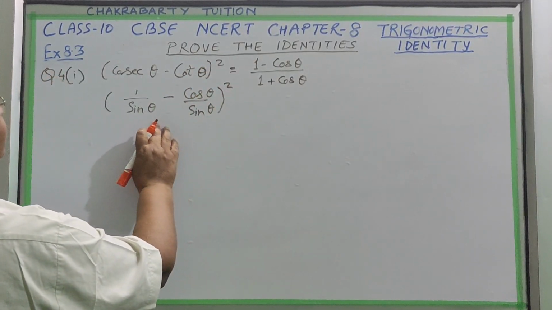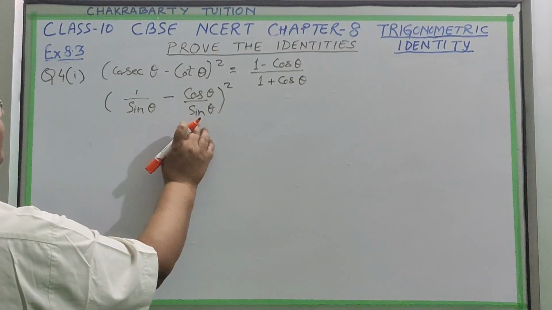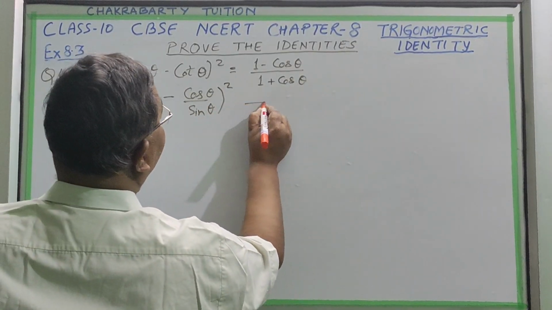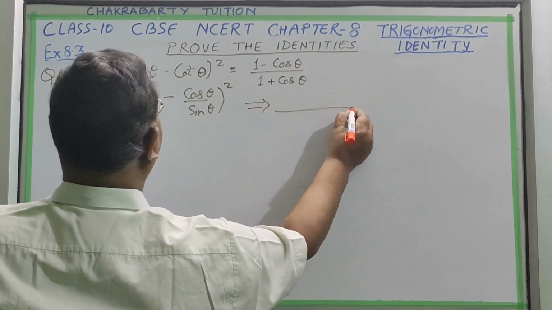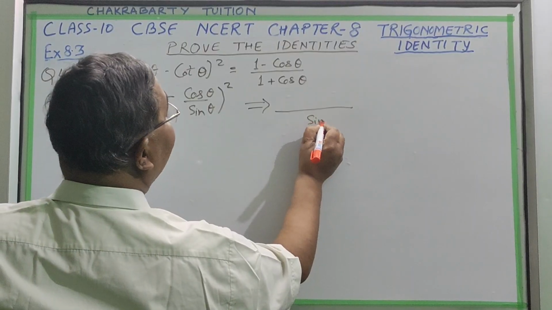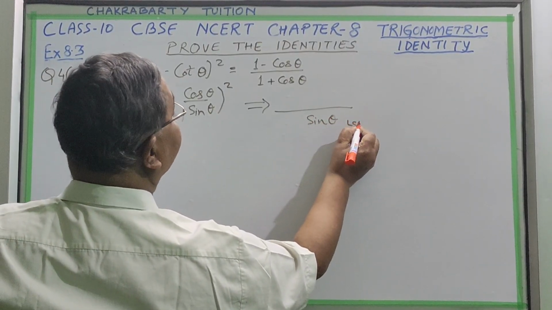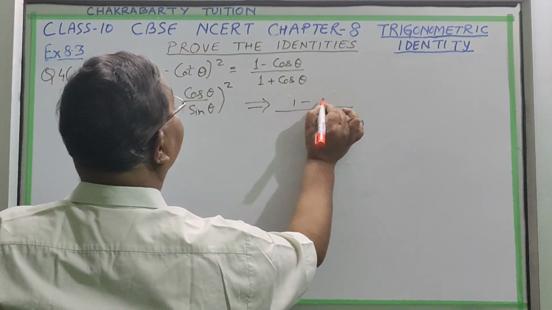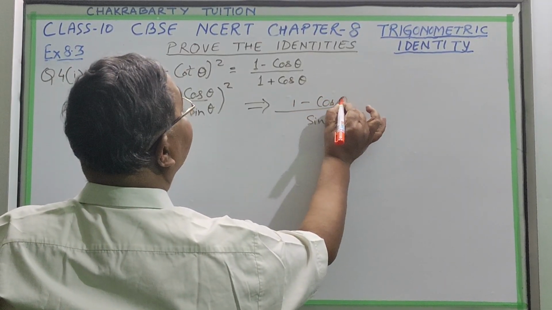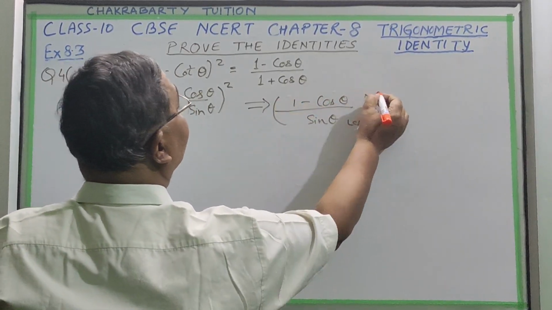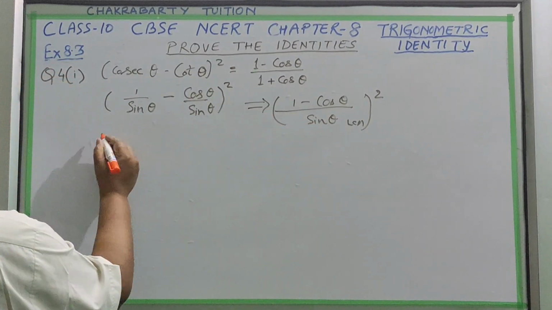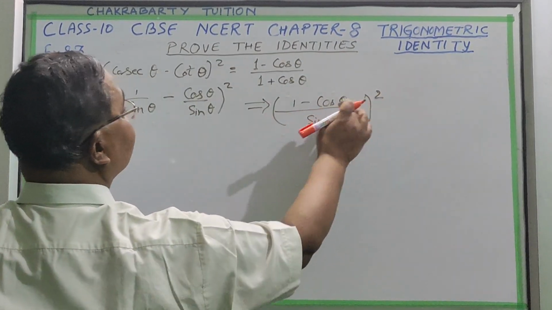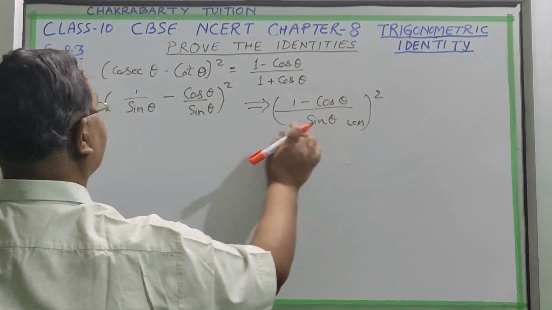Then sine and sine are there, so we can take sine theta as the LCM. So what will happen? 1 minus cos theta will remain, and it will be under a square. So here the square is on both, on the upper side and on the lower side also.